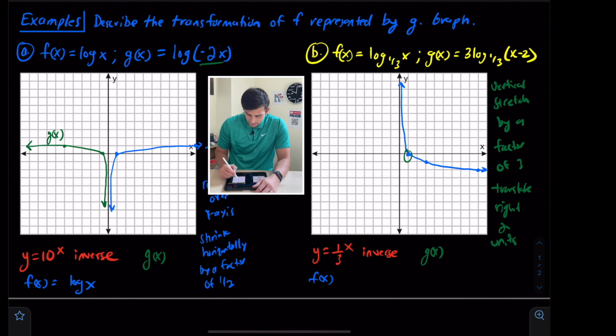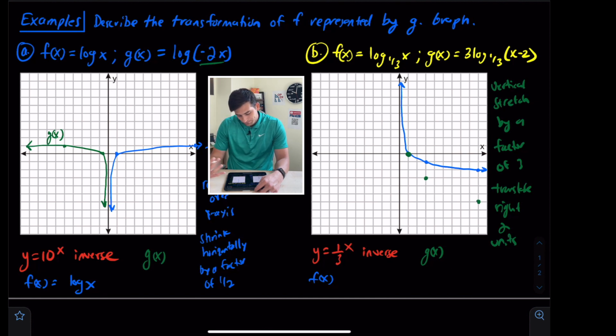Let's adjust these 3 points, and we're going to multiply their y-coordinates by 3. My first point right here has a y-coordinate of 0, so it's not going to move. This next point has a y-coordinate of negative 1. Negative 1 times 3 would be negative 3, so it's going to drop down 2 units. And my third point over here has a y-coordinate of negative 2. Negative 2 times 3 would be negative 6, so 3, 4, 5, and negative 6.